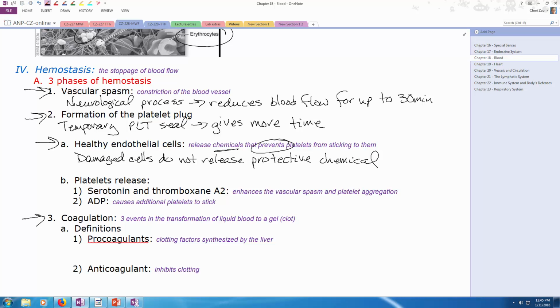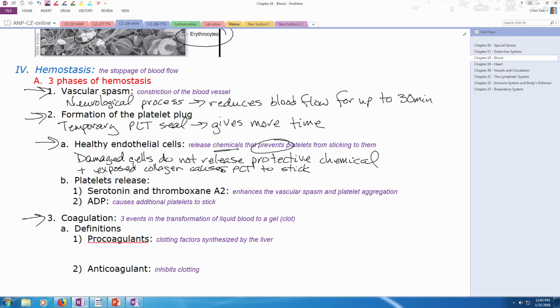And this exposed collagen also is like an attractant for platelets. So this will cause our platelets to actually stick to this area because we no longer have that protective chemical, and now collagen is also being exposed.